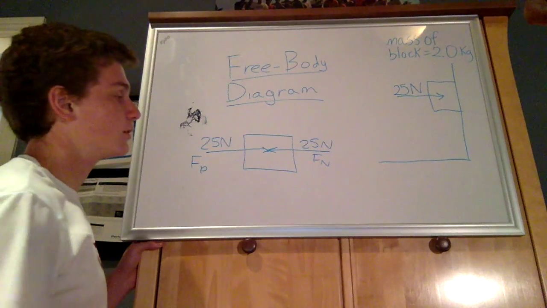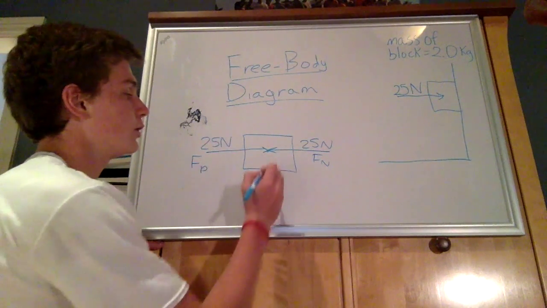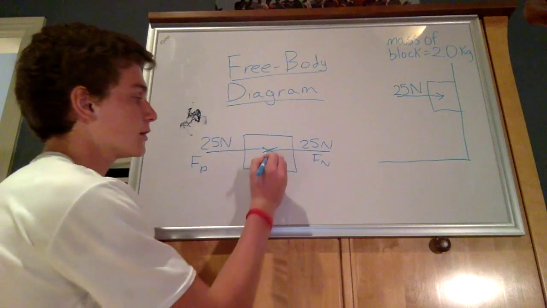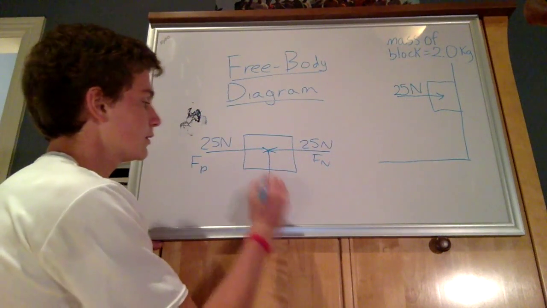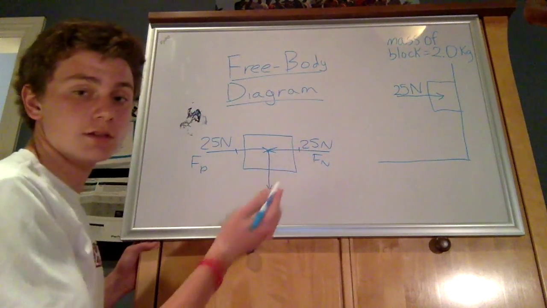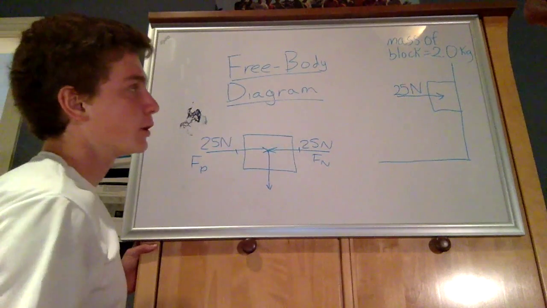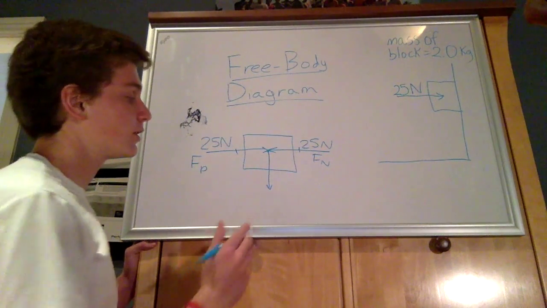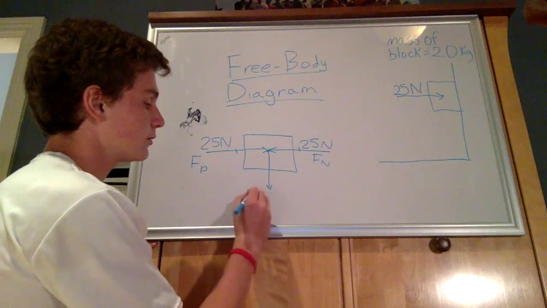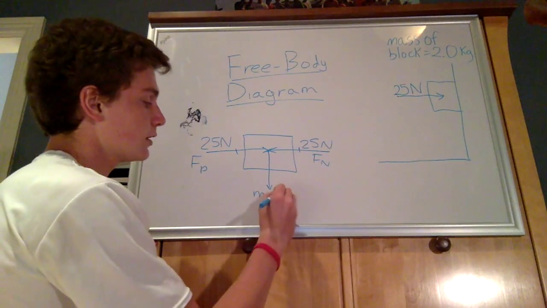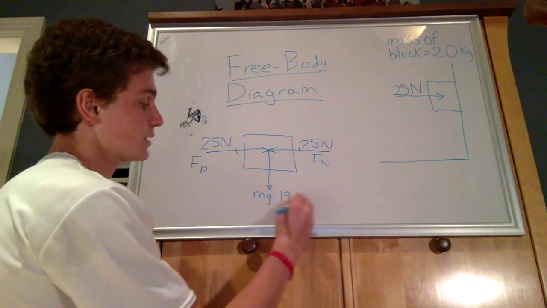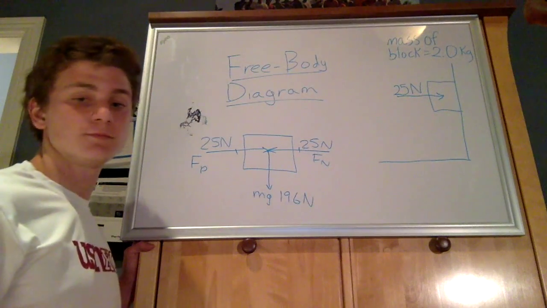Now we also know that because we have a 2.0 kilogram block, there must be an mg down of 19.6 newtons.